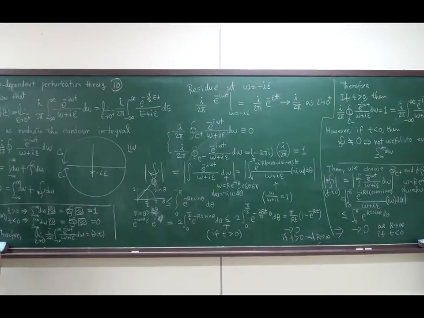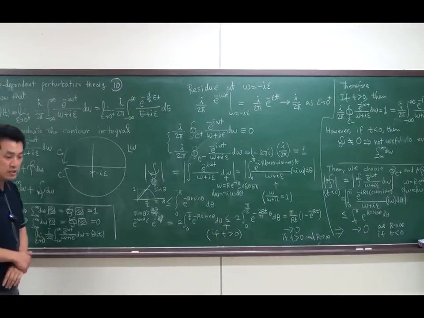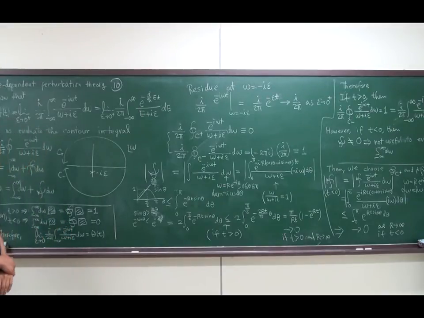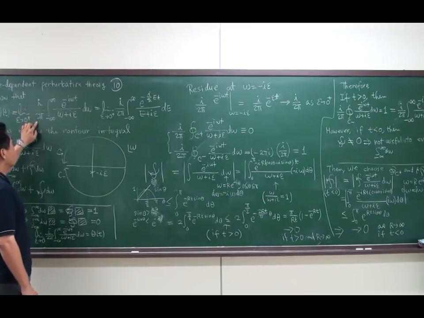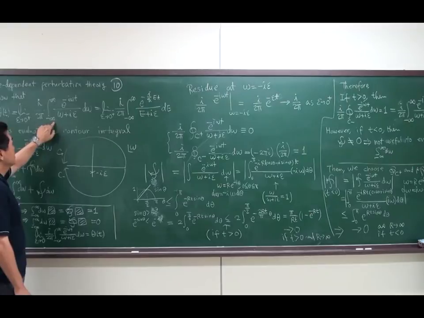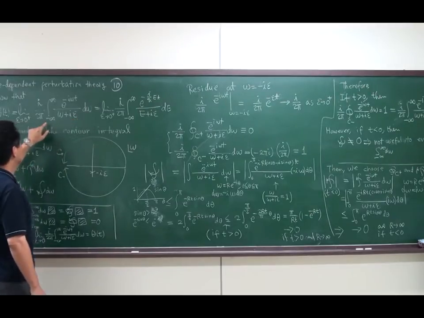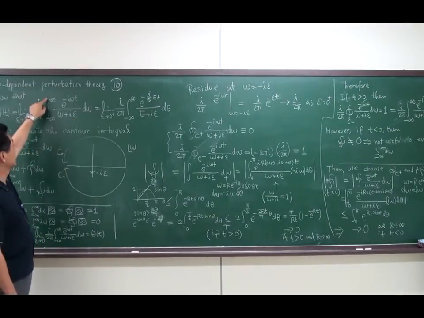So, let us first write down the answer. Theta function is 1 for positive t, and it's 0 for negative t. And it can be defined to be the limit as epsilon goes to 0 plus, a very small but positive number, of i over 2 pi, integral over omega from minus infinity to plus infinity.